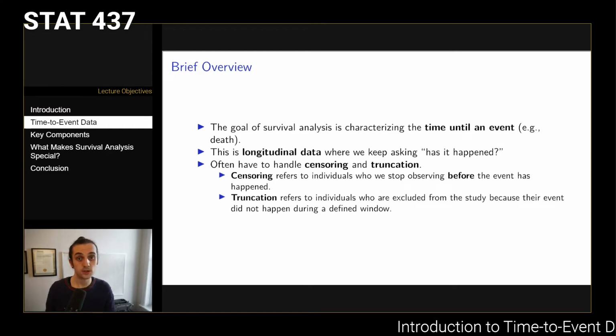With truncation, we have a related but slightly different issue, and that's where individuals are excluded from a study because their event is not happening within a defined window. So a common way to think about this is if you want to study heart health for individuals, you might exclude anyone who has had a heart attack in the past, right?